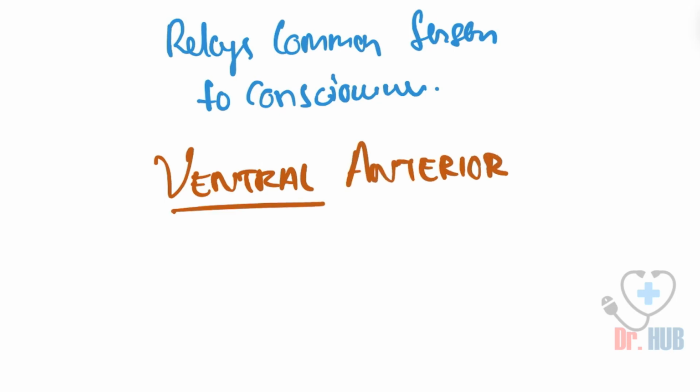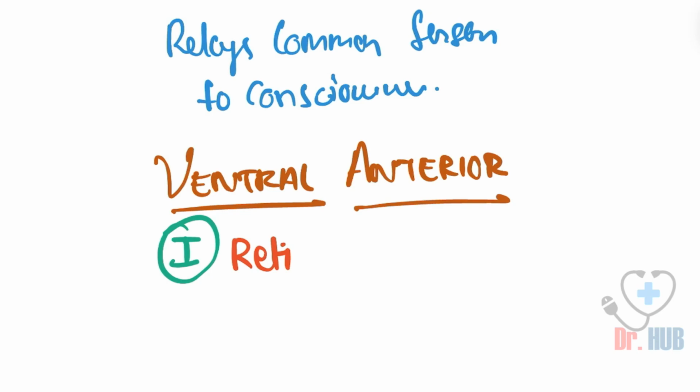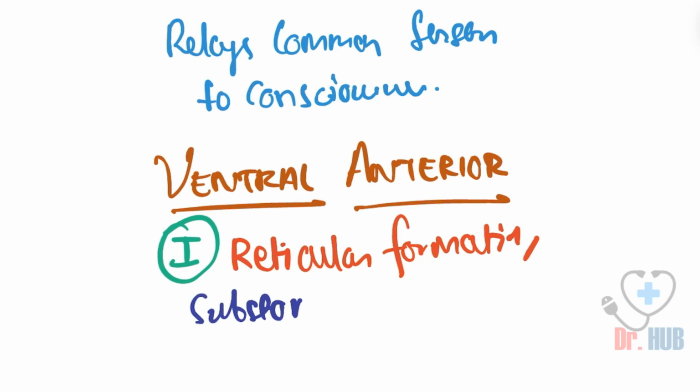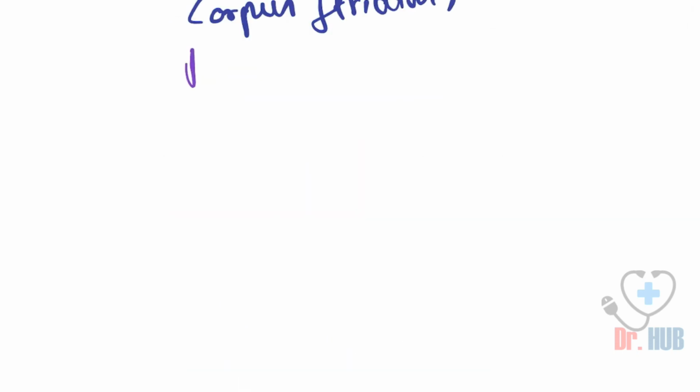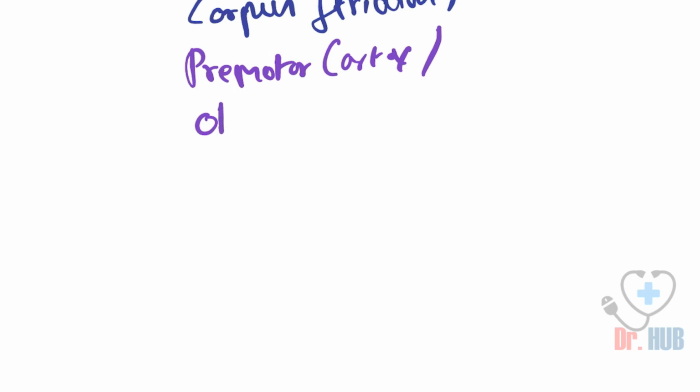Under the ventral anterior, the input includes the reticular formation, substantia nigra, corpus striatum, the premotor cortex, as well as the other thalamic nuclei.